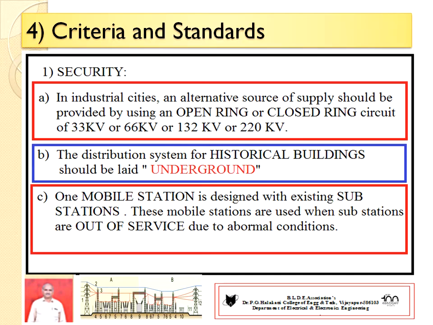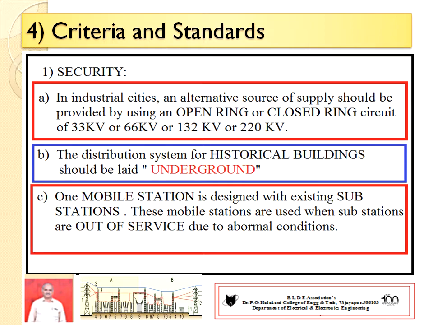Under the first point, security, we have to discuss some sub points. Under security, point number 1: in industrial cities, alternative sources of supply are required, using the design of an open ring or closed ring distribution system at voltage levels of 33 kV to 220 kV, which are the voltage levels used in distribution systems.